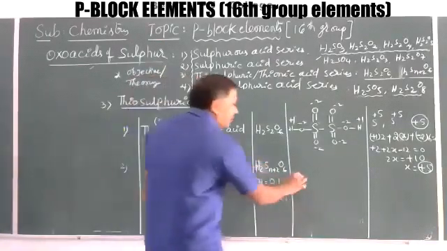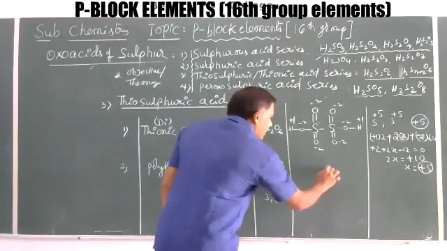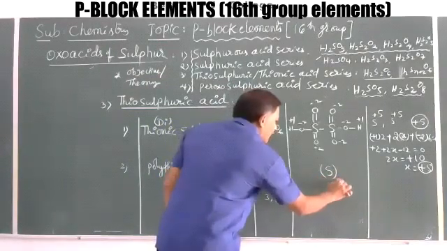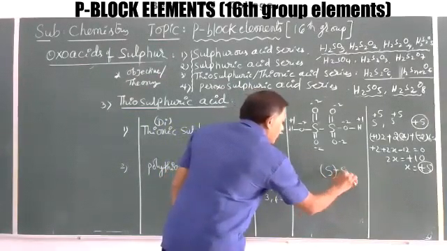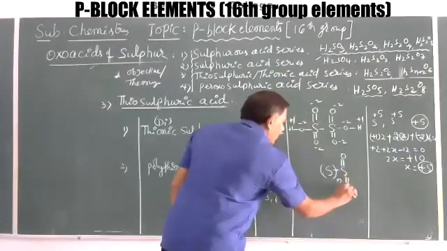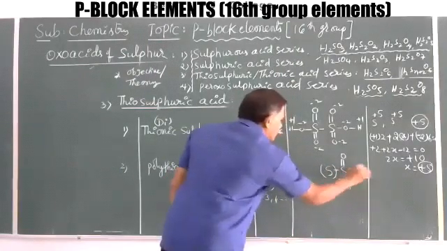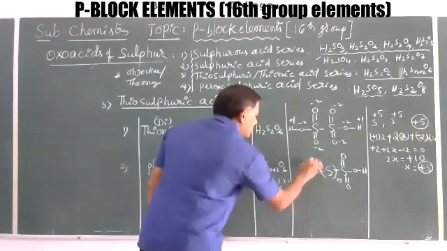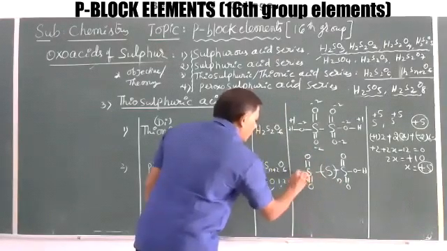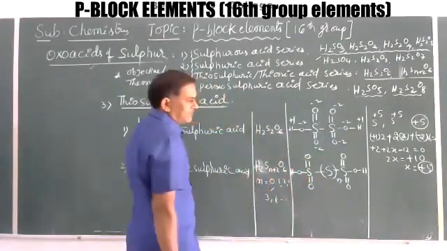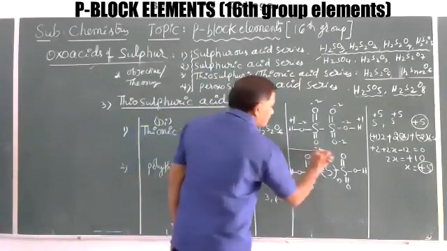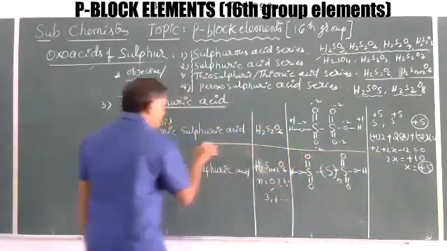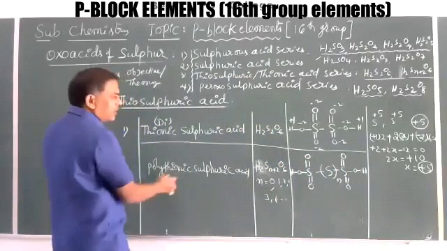So for this, we take sulfur with N, S double bond O, bond OH. Now this is S double bond O, bond OH. This is the structure of polythionic acid.